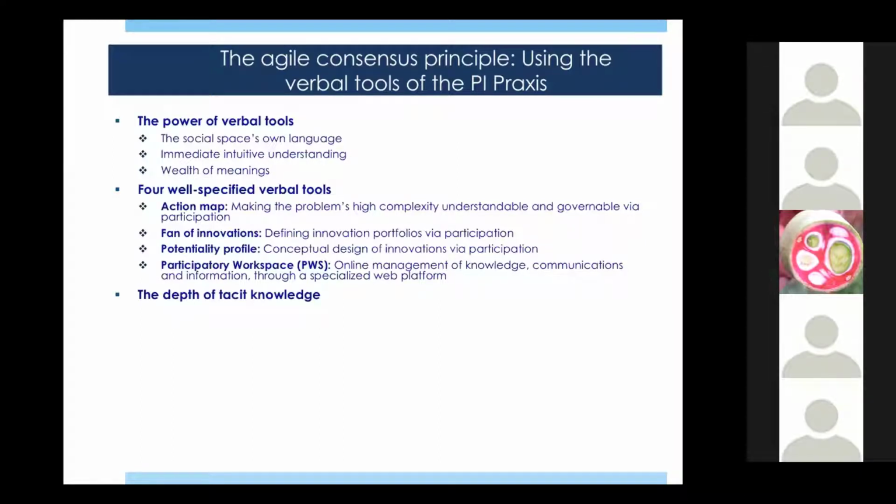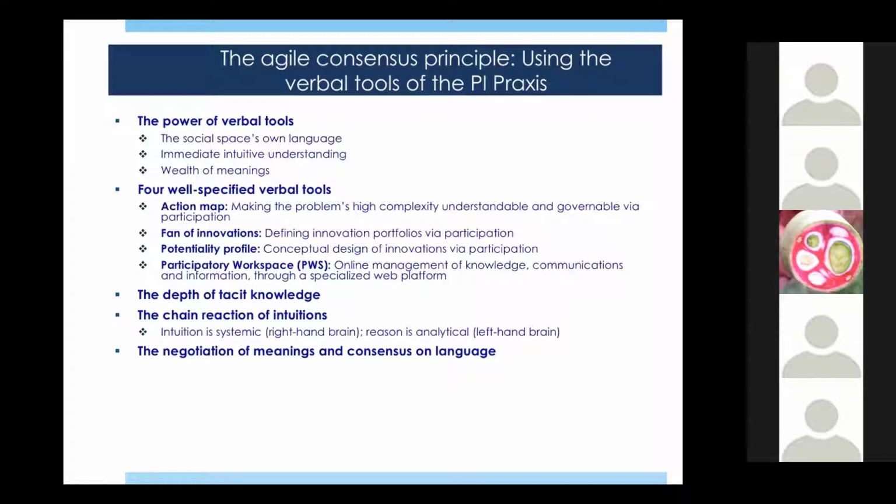The depth of tacit knowledge. We make tacit knowledge appear, become explicit, and interact with other tacit knowledge. A chain reaction of intuitions. Our workshops precisely produce this, a chain reaction which is extremely rich and interesting. Why intuition? Because intuition is systemic, right-hand brain. Reason is analytical, left-hand brain. We negotiate meanings and build consensus on language.